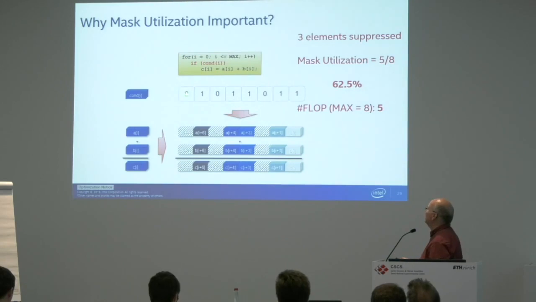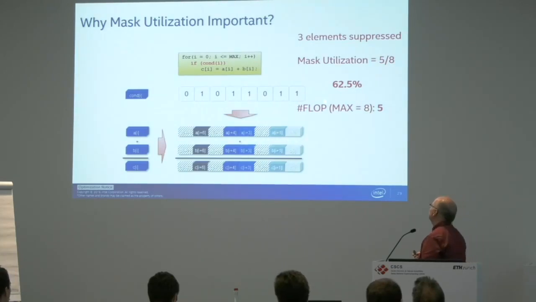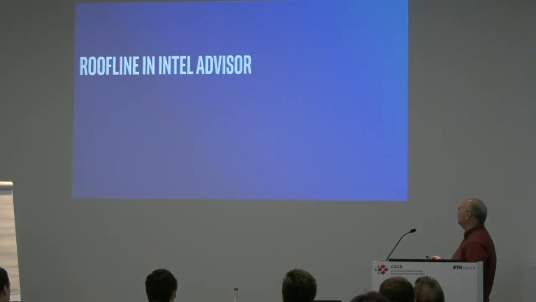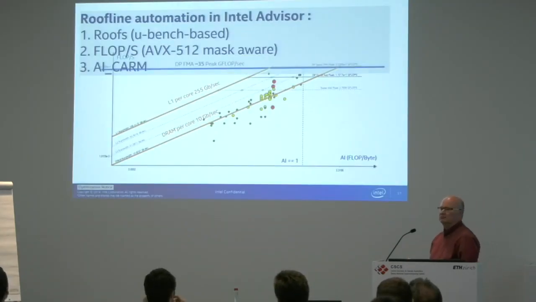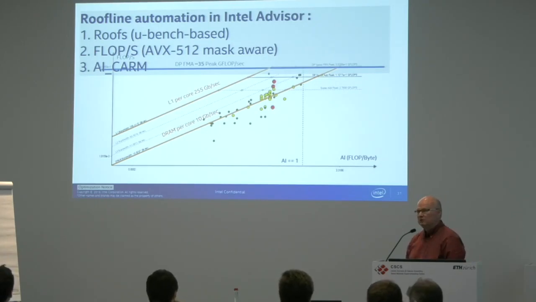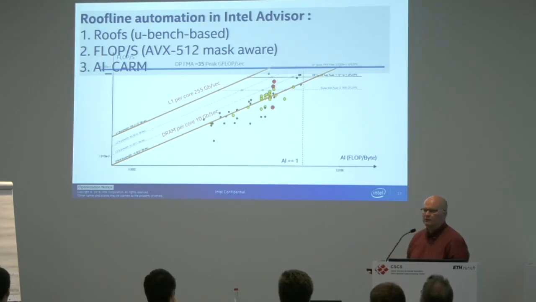But if you have a condition so that only 5 elements are taken out of the whole vector, then you get a reduced mask utilization, but the tool will probably show you a very good efficiency, because relative to the mask utilization, the efficiency works very well. So that's something that could be confusing, that you have a good efficiency, but because the mask utilization is low, you don't get very high gigaflop numbers from it.